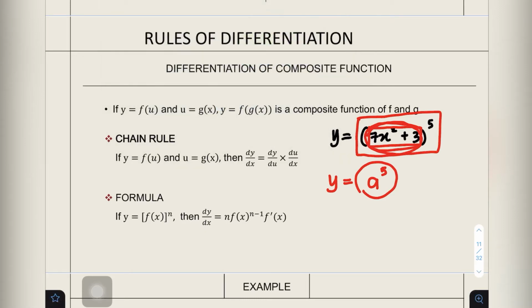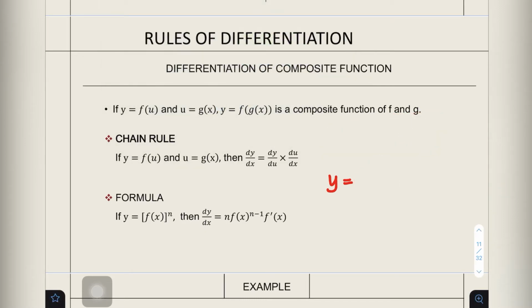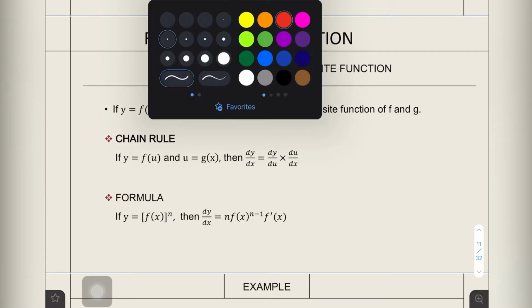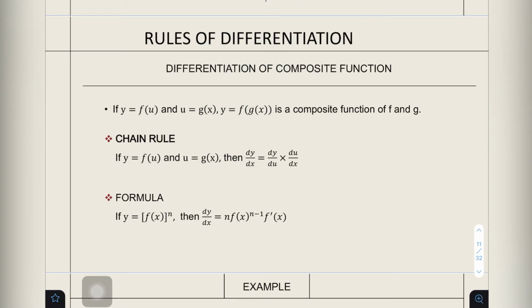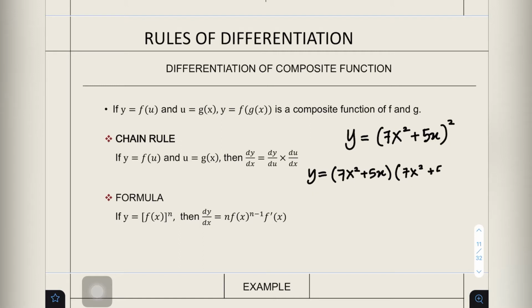When we have a composite function, we cannot use the basic differentiation technique. For example, if you have y equal to (7x + 5x)^2, this may be easier because you can expand your equation: y equal to (7x^2 + 5x) multiplied by (7x^2 + 5x).